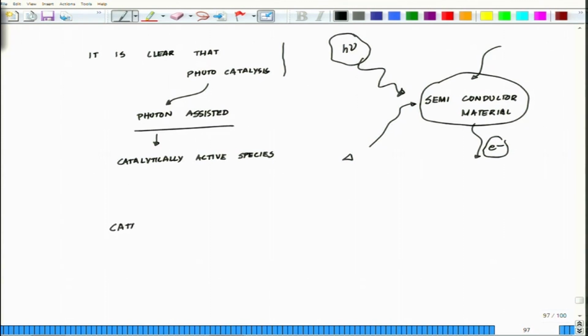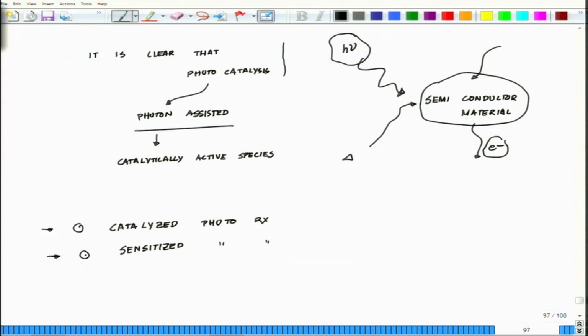If you wanted to go in depth, these are the terminologies you have to understand: catalyzed photoreaction and sensitized photoreaction. These are the two concepts when we talk about these kinds of materials.